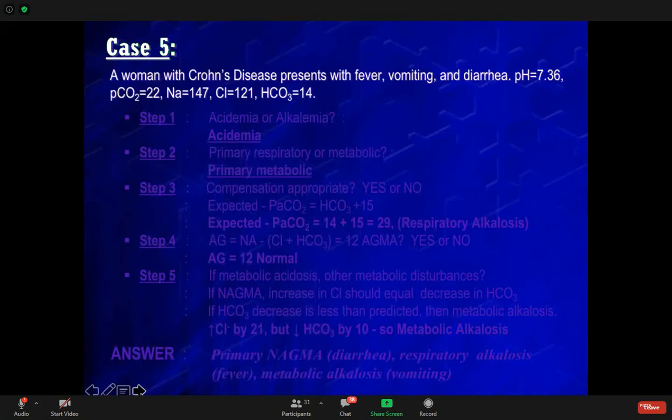اوكي دكتور راح نشوف البي اتش عشان نحدد اذا انه اسيد ولا الكلاين ويعني 7.3 it's acidemia. Okay, so it's an acidemia. So what's your step number 2?